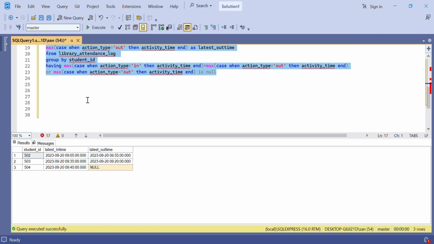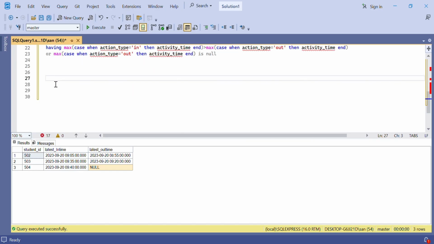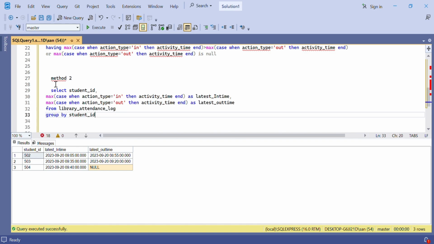We can also use another method. So let's just copy this one. Let's call it method 2. So we have this table that has the latest in and out times.